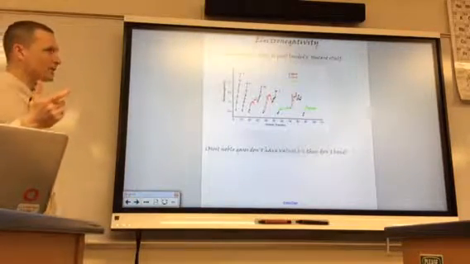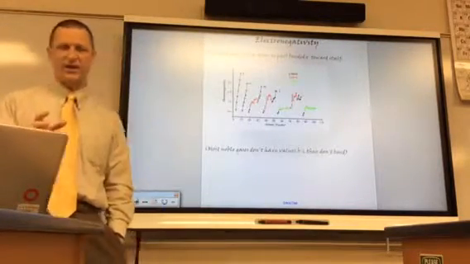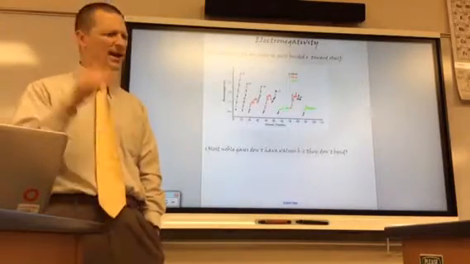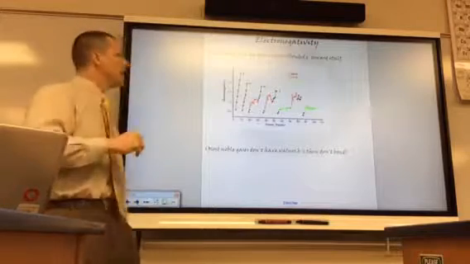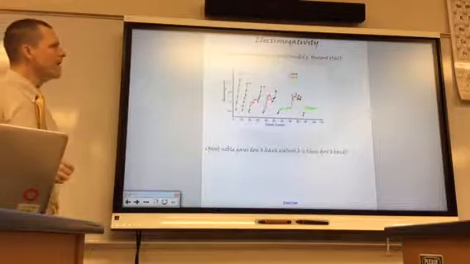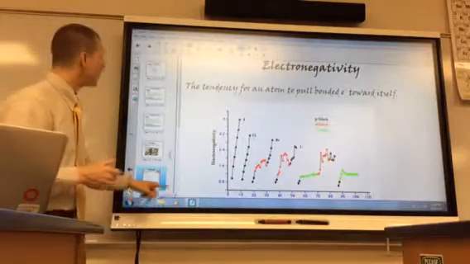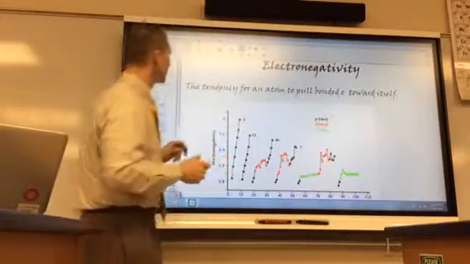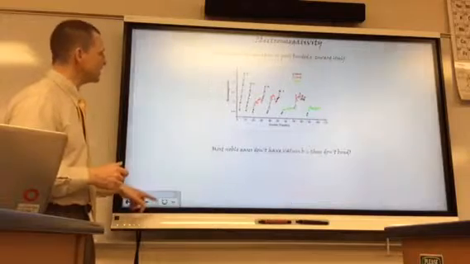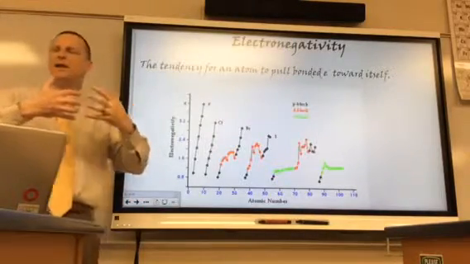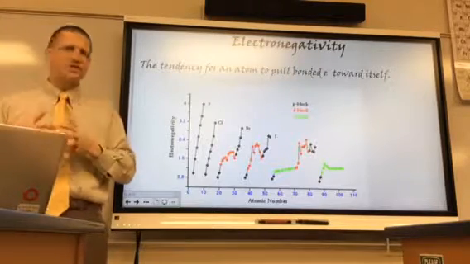The next trend that we'll talk about, this is the second to last trend. We'll talk about electronegativity now, and then we'll get to atomic radius, not atomic, ionic radius, and that'll be it. So electronegativity's definition is the tendency for an atom, when it's bonded, to yank bonded electrons toward itself.